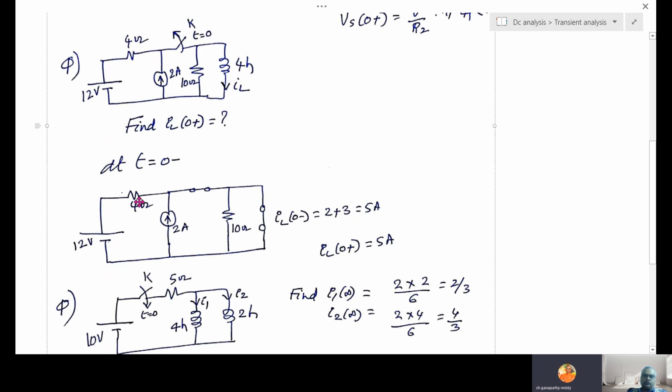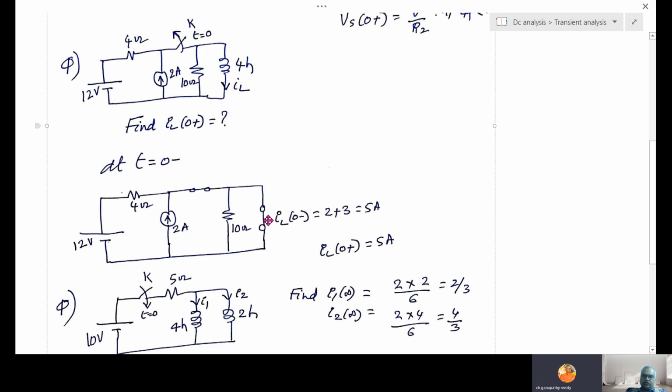So 12 volts as usual, 4 ohms as usual, 2 ohms, 2 amps as usual, the switch which you closed at 0 minus, a resistance of 10 ohm, and this inductor is short circuited. And in the inductor, what do we find? IL0 minus.